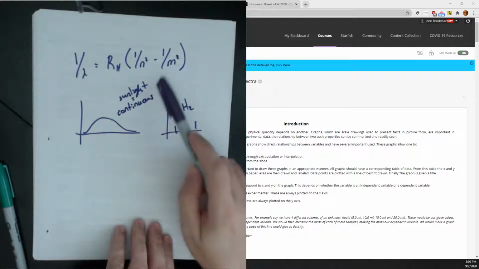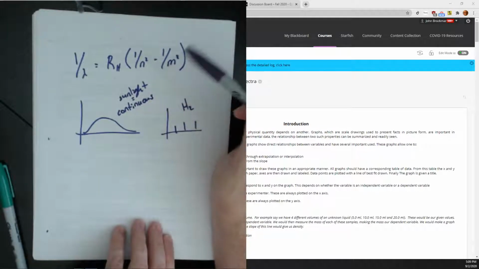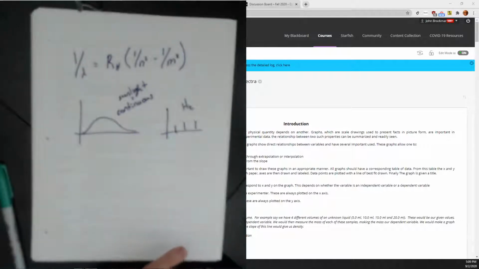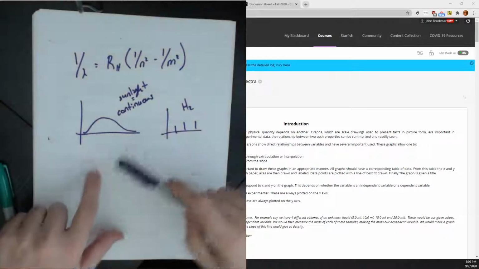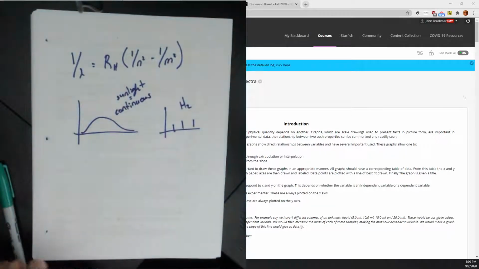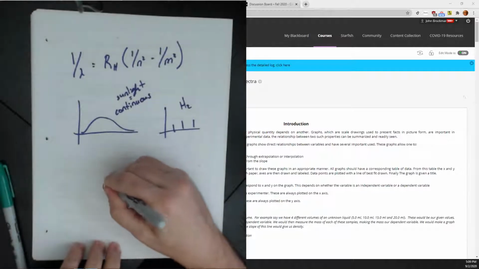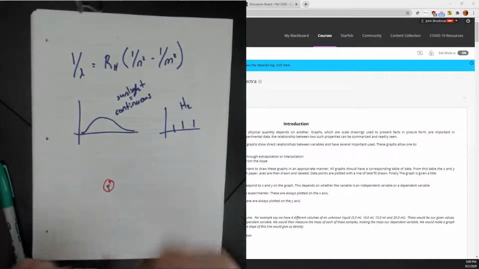1 over the wavelength is equal to this constant, and then n and m are integers. We now know that n and m, these integers, represent the energy levels of the orbits of the electrons. Okay, so you put energy in, and an electron will hop up to a higher energy level. Okay, so here we have the nucleus, and then we have the energy levels around it.